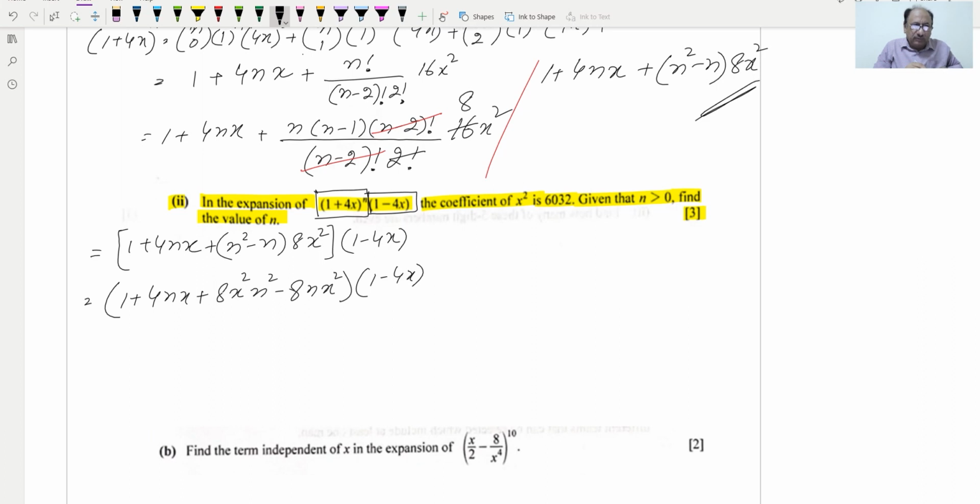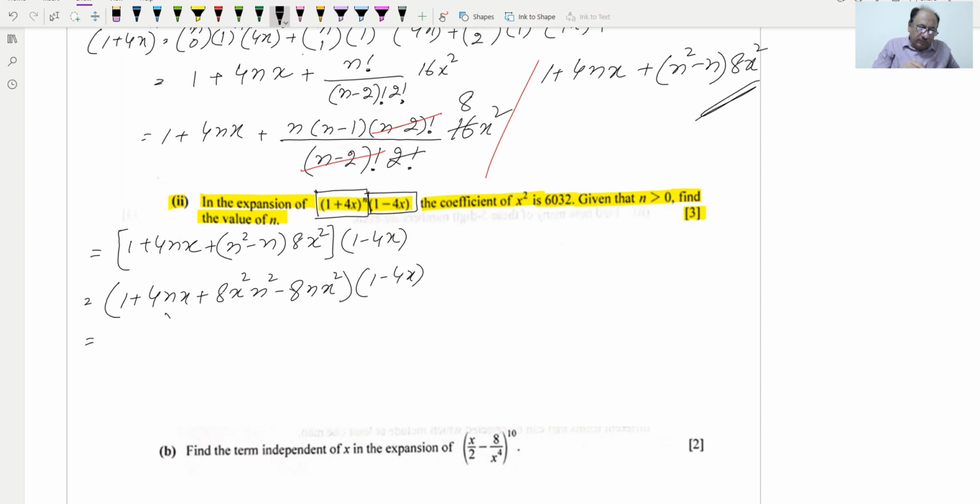Now we require the coefficient of x square. So we will be interested in the terms which contain x square. When we multiply 1 with 1, we will not be getting x square, or when we multiply 1 with 4x, we will not be getting x square. So we are not writing those terms. We are writing only the terms in which we will be getting x square.